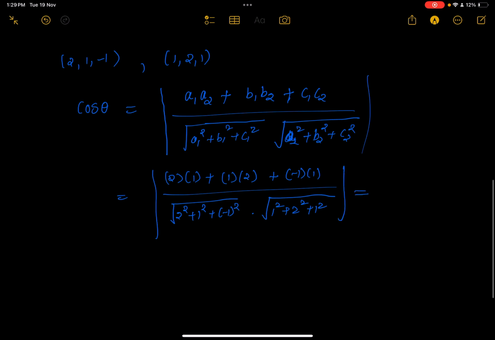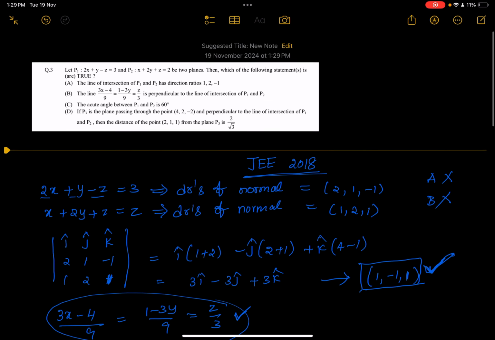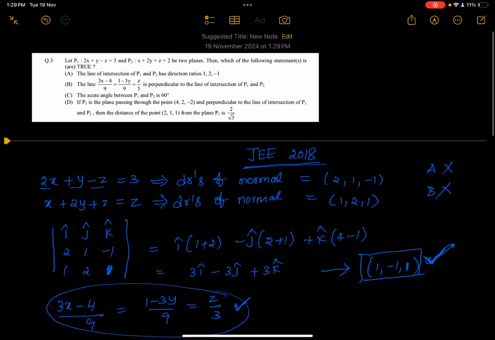So this will be 2 plus 2, 4 minus 1, 3, by root 6 into root 6, so that will be 6. So cos theta is equal to 1 by 2, which implies that theta is equal to 60 degrees. And according to option C, the angle is 60 degrees. So option C is correct.